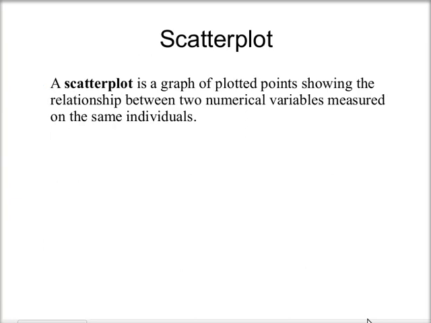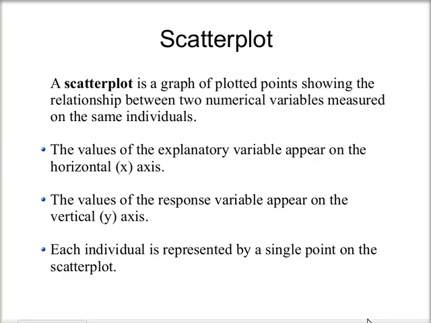To make a scatter plot, we're going to graph points that show the relationship between two numerical variables measured on the same individual. So we're going to make a graph that shows a bunch of points, and each point is going to represent an individual. We're going to have an x-axis that shows the values of the explanatory variable.